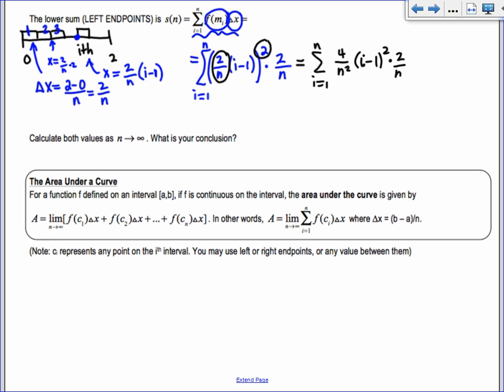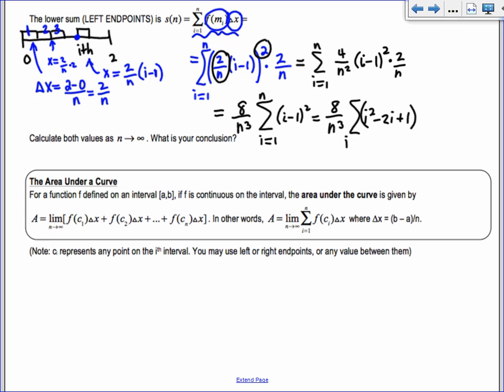I can also pull out the 4, nothing with i, the 4 over n squared. So I'm going to have the summation, and I'm going to have 8 over n cubed, and then the summation of i equals 1 to n, and I have my (i minus 1) squared. So I'm going to FOIL it out. I'm going to have my 8 over n cubed, and I'm going to have i squared minus 2i plus 1, from i equals 1 to n.